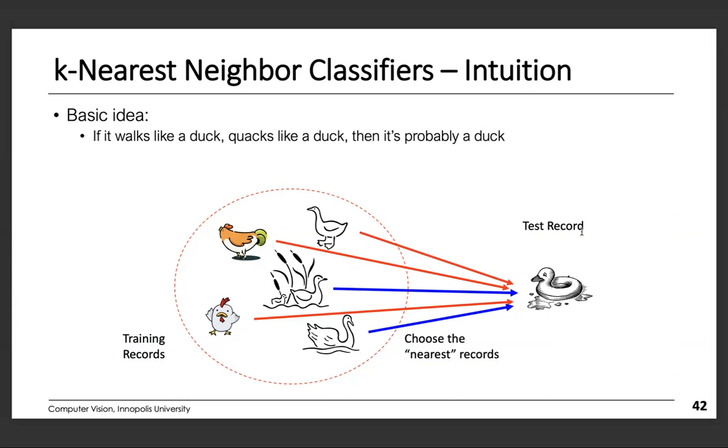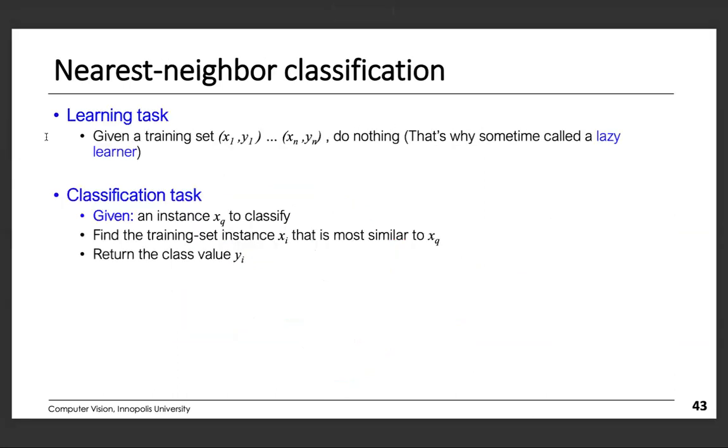How do we choose the nearest records? Very basic. The learning task is: given a training set of lots of x's and their y labels, you do absolutely nothing. That's why it's called a lazy learner.